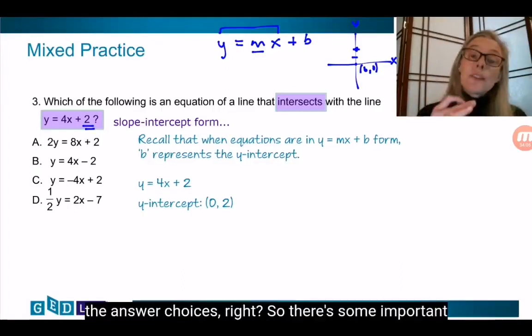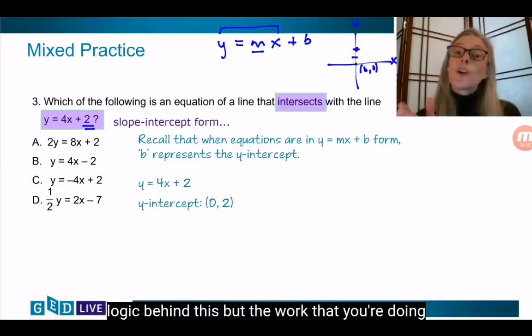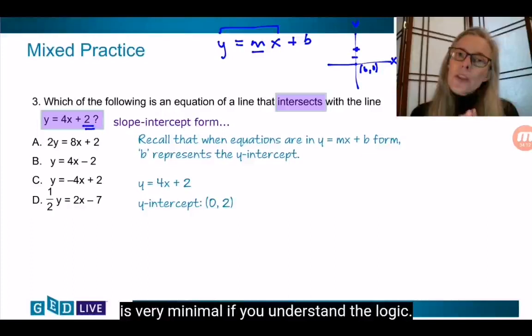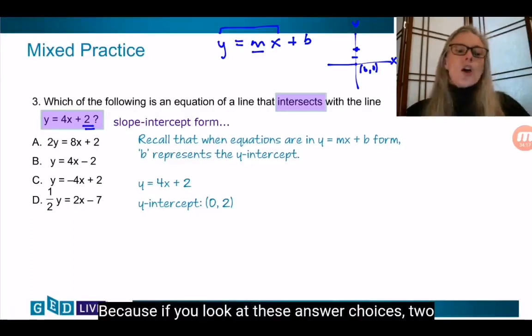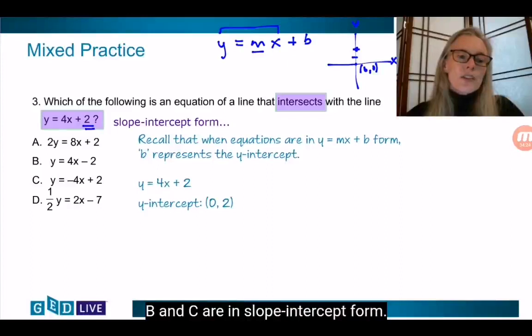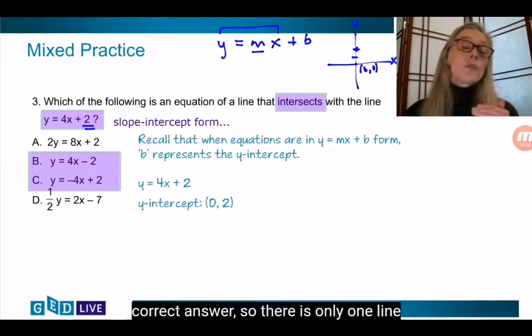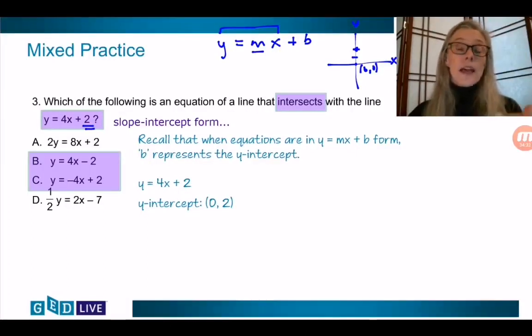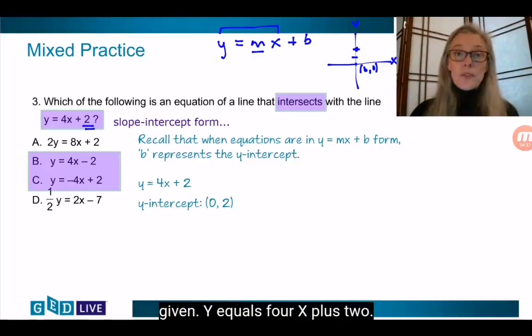Now, if you look at the answer choices, there's some important logic behind this, but the work that you're doing is very minimal if you understand the logic. Because if you look at these answer choices, only choices B and C are in slope-intercept form. Now, there's only one correct answer here, so there is only one line that intersects the line that we were given, y equals 4x plus 2.